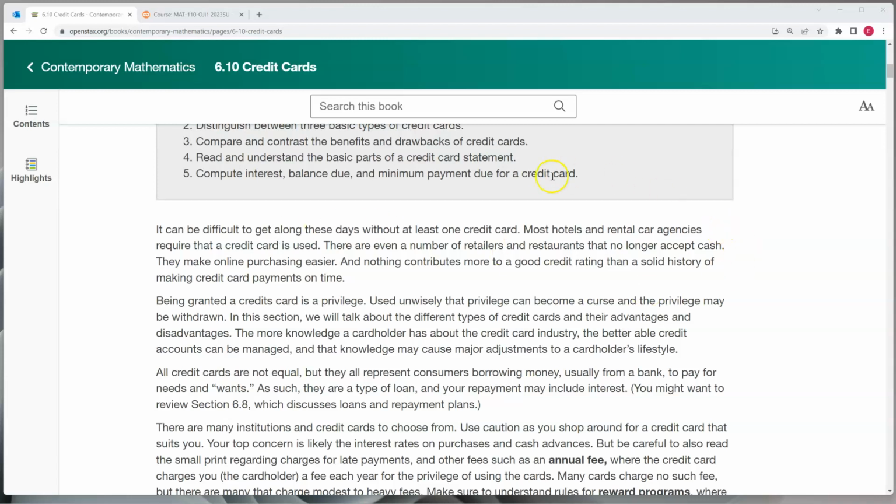Not only that, things like hotels and car rental agencies require that you use a credit card. However, now with the growth of debit cards, it's not as necessary, but some still want credit cards over, for example, a debit card.